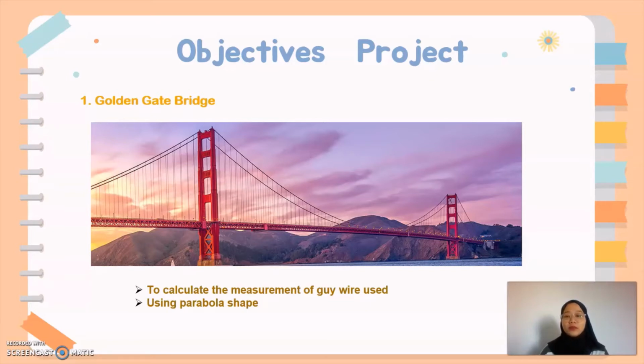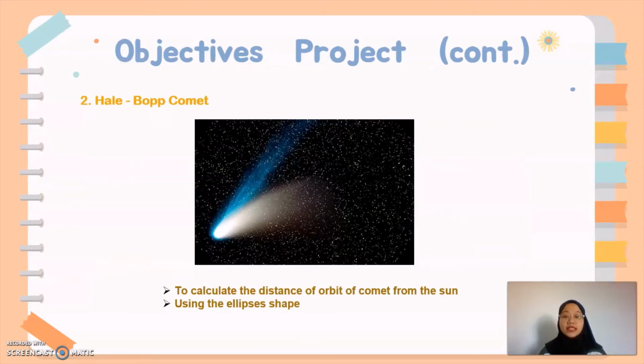For the Golden Gate Bridge, we want to calculate the measurement of the guide wire used, and we use the parabola shape. Second is Hale-Bopp Comet. We want to calculate the distance of the orbit of the comet from the sun, and we use the ellipse shape. That's all from me, and I'll pass to the next presenter.